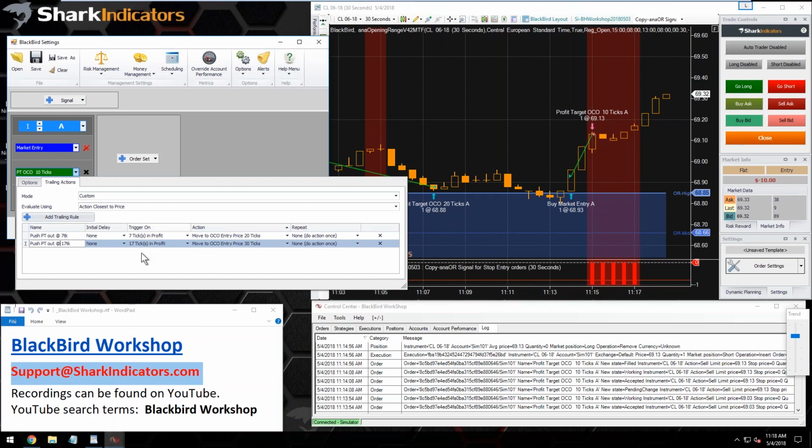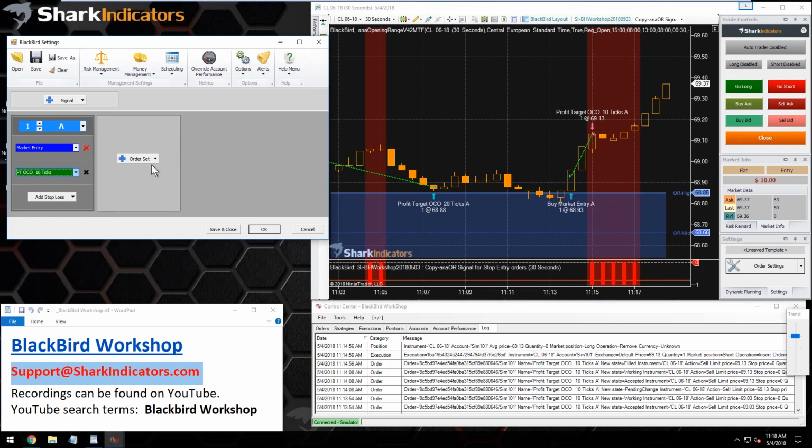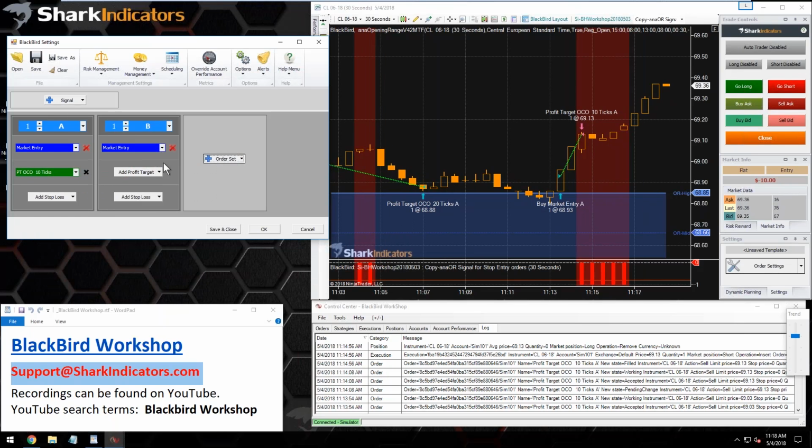To me, I'm not sure why you'd want to do this. It sounds like you're just making a runner. If the intent is to keep pushing your profit target out, to me that sounds like a runner. So if you wanted to make a runner, you simply do this. That's a runner. No profit target, just a stop loss only.